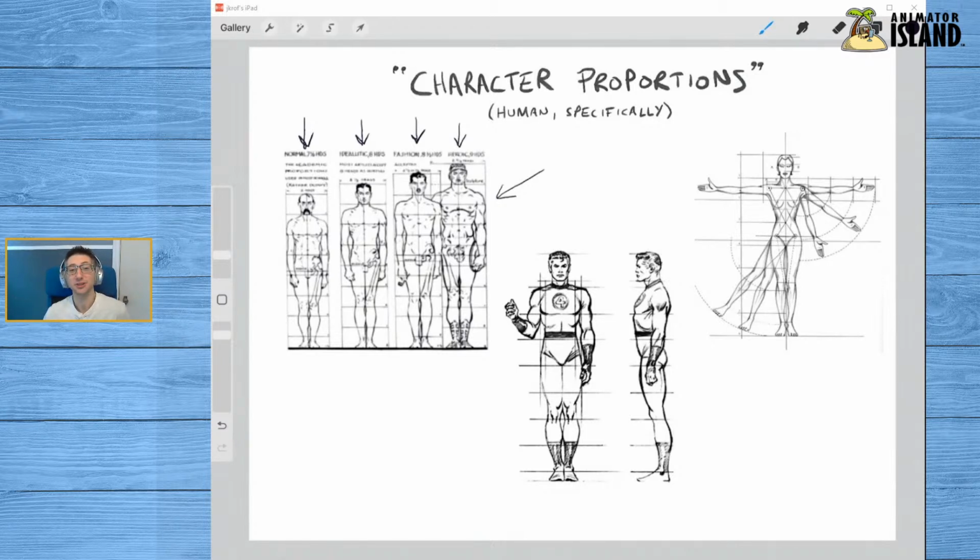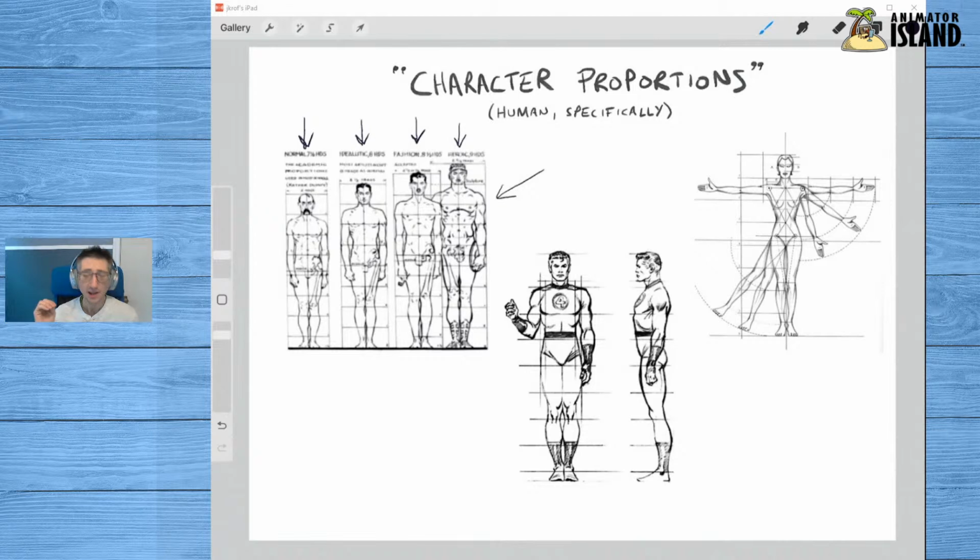And I would fit in the heroic category, according to this chart, which is utter nonsense, because you'll see this heroic figure over here is super buff and he's got lovely proportions in that regard. But that's exactly why we can't simply talk about heads tall all the time, because if someone has a very small head, they're going to be a very different head height than everybody else. But it is a useful measurement if you're just talking about a measurement within the character and their individual proportions.